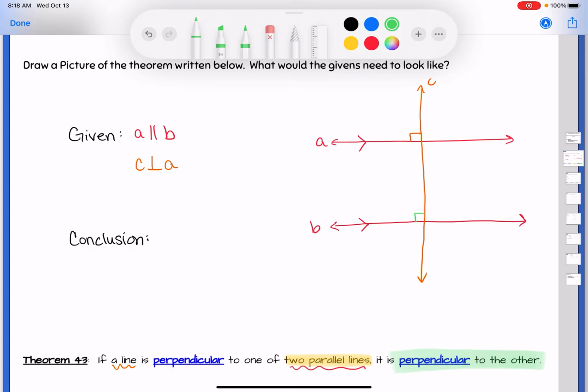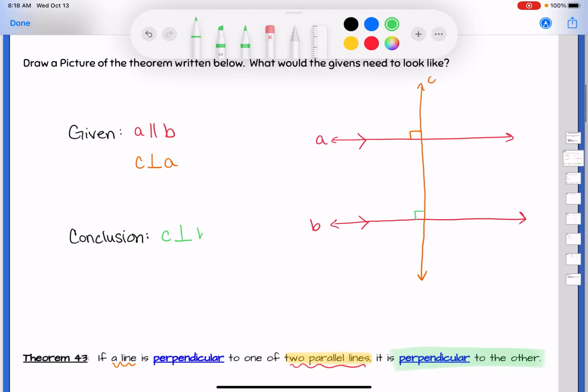Or if the line stayed parallel and tilted, then both of them would, and the top angle wouldn't be 90. So the conclusion here is that line C is also perpendicular to line B. That's what this theorem is getting at. If you already have parallel lines and you know a third line is perpendicular to one of them, it has to be perpendicular to the other as well.